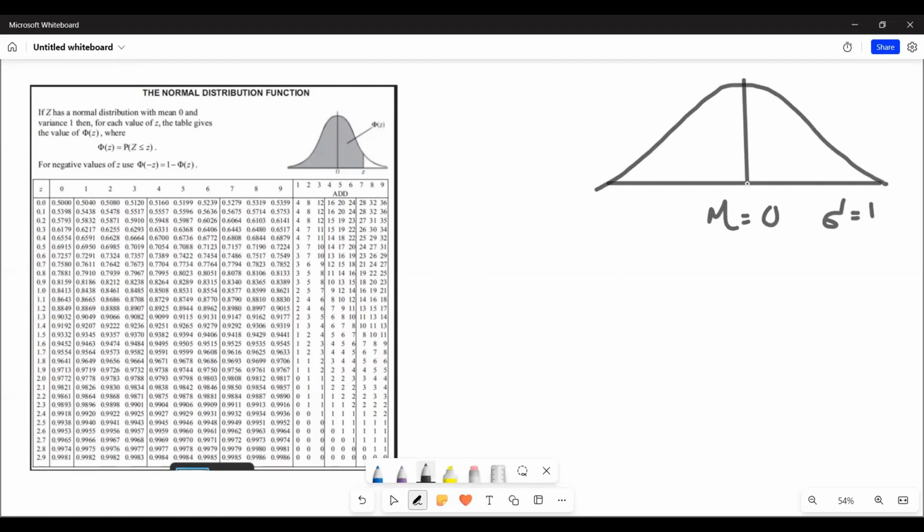Standard deviation or variance, obviously if one is 1, then the other one is also 1. Only then can this table be used.